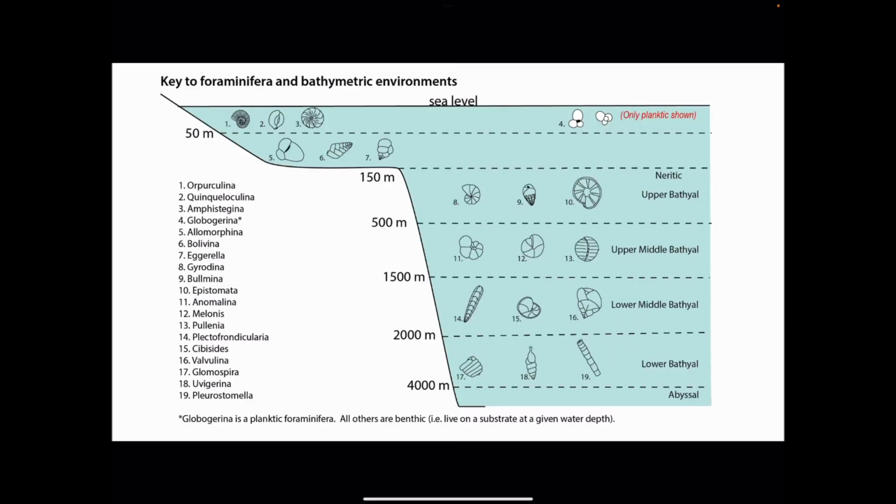So the lab provides you a key with 19 different types of forams, and the different types of forams show up in different depths. So if you drill up a core that has a lot of, say, number 14, 15, and 16, then you know the ocean was probably between 1,500 and 2,000 meters deep at that time.